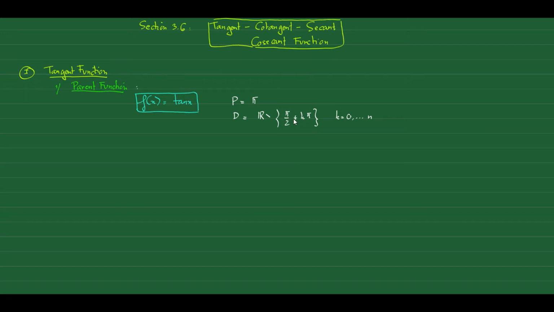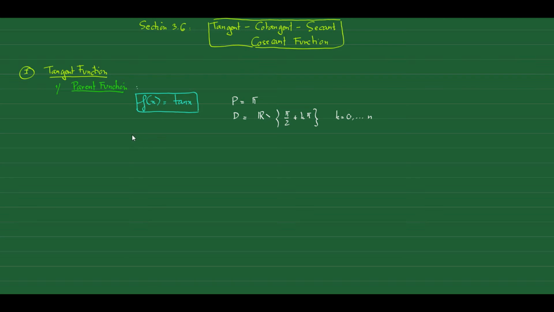For the tangent function there will be a lot of vertical asymptotes, because there are many values where tangent cannot be defined. Tangent is sine over cosine, and whatever value makes the cosine equal 0 makes the function undefined. So the period is only pi.